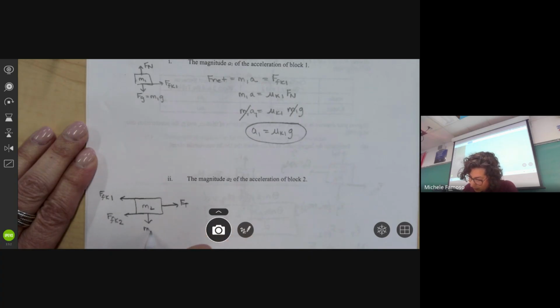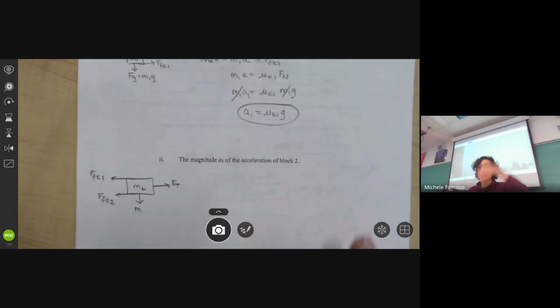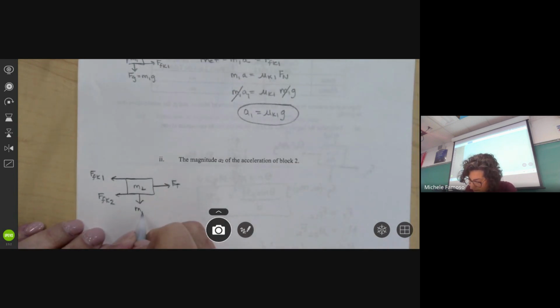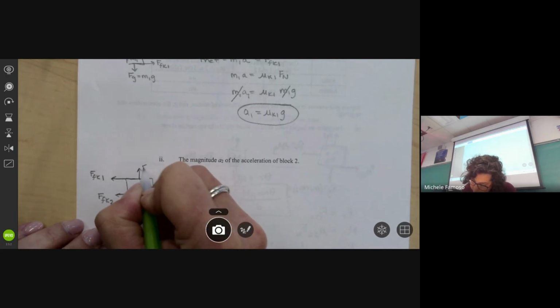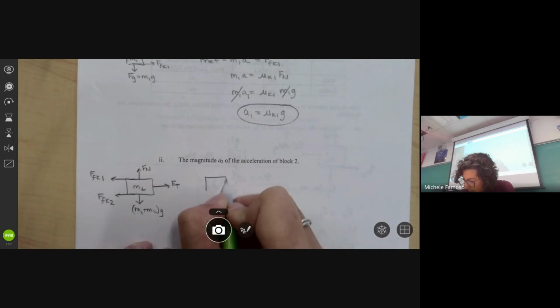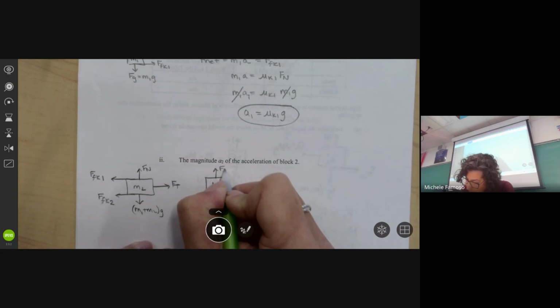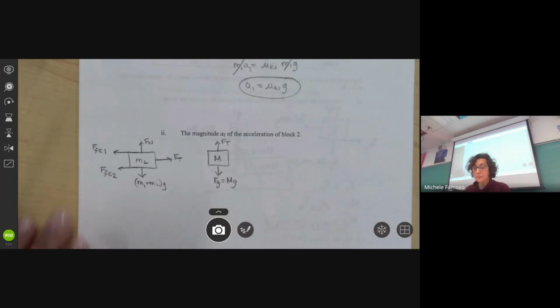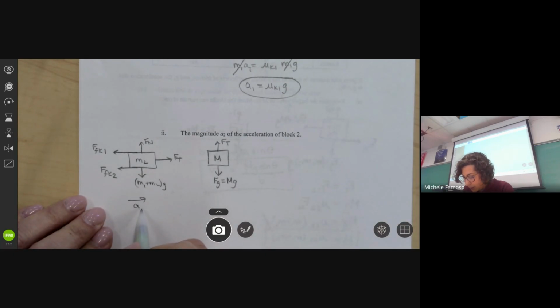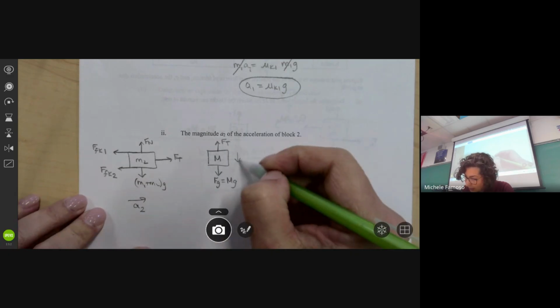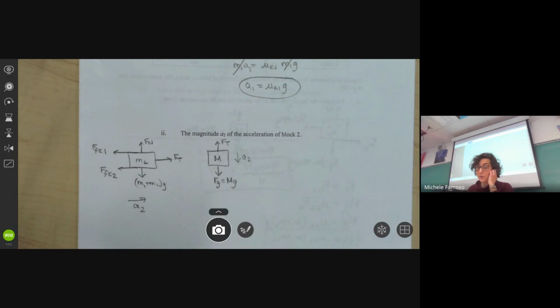There is its weight pushing down, but so is block 1 above it. And then we have a normal force pushing up, and then mass M has its weight pulling it down, and that tension force pulling it up. This acceleration is A2. That is accelerating down, A2.